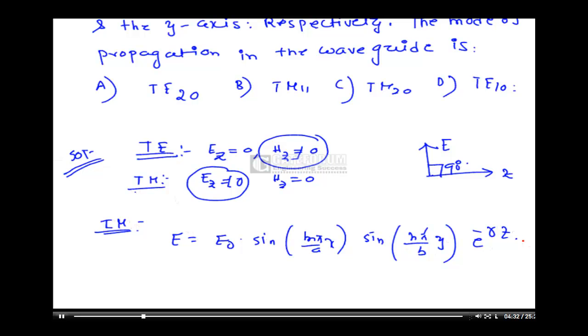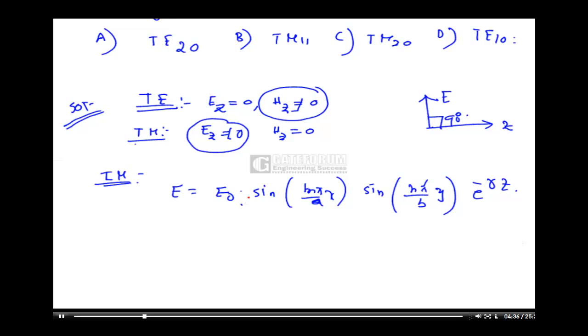If you compare the given equation with this standard equation, it also has sine terms, sin (2 pi by a x) whole square. So obviously we can say that it is TM mode propagation. So directly we can eliminate option A and option D.